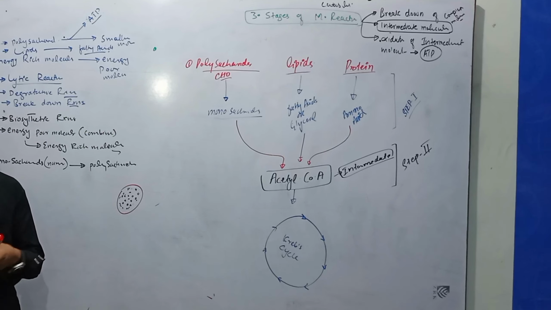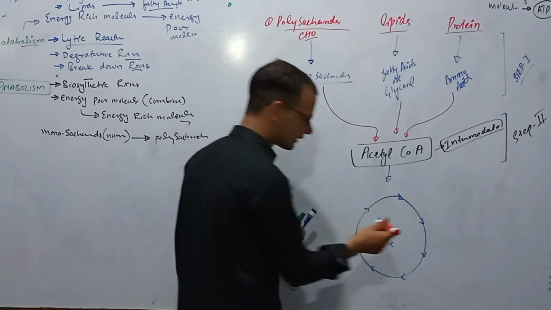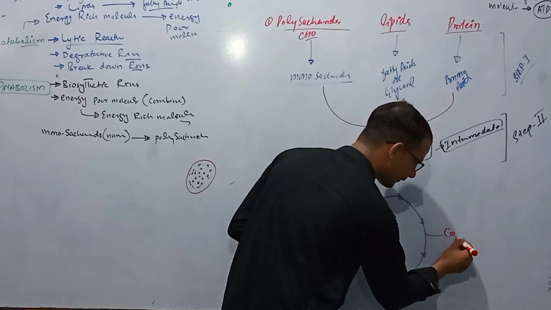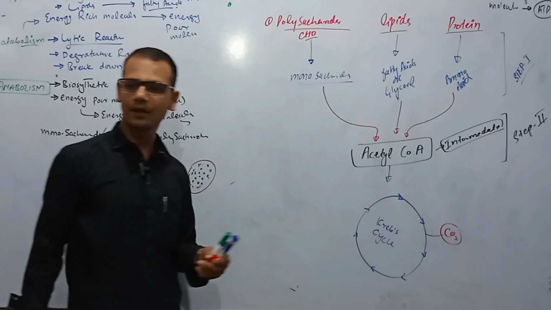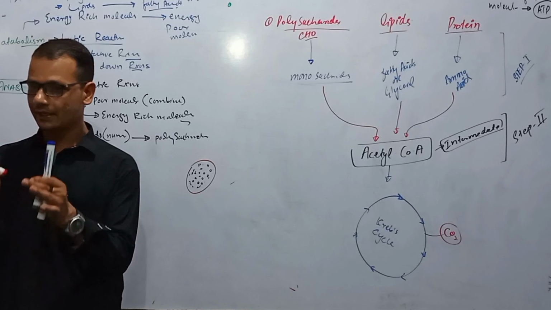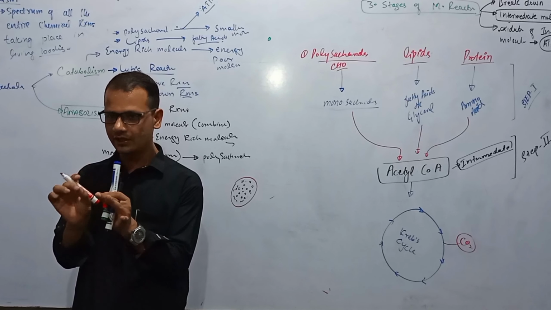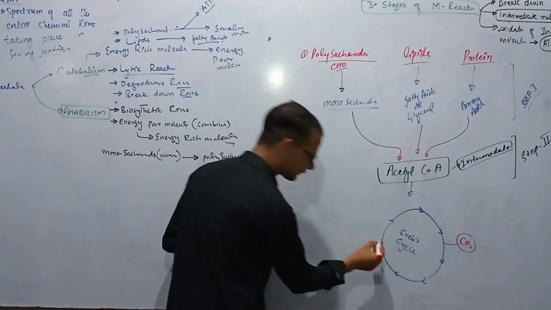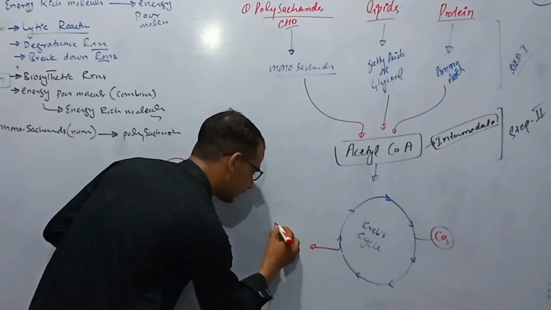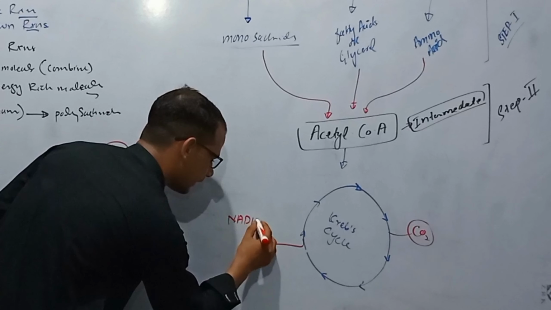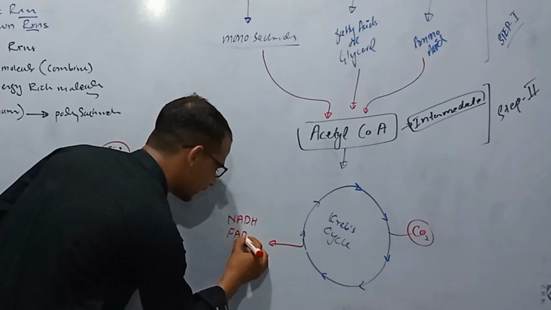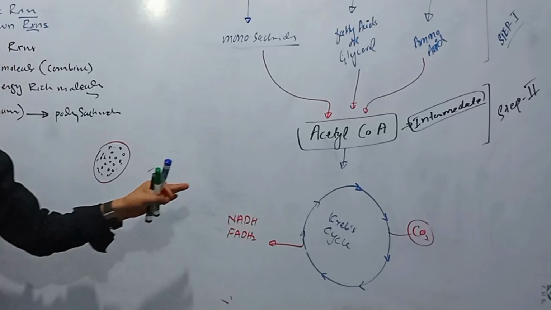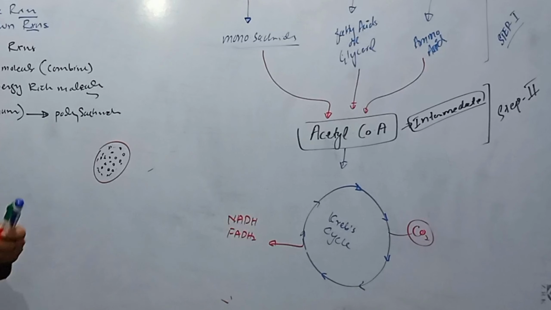And the Krebs cycle will release carbon dioxide, and NADH and FADH2 will form from the Krebs cycle. NADH and FADH2 are the coenzymes which store energy, right?